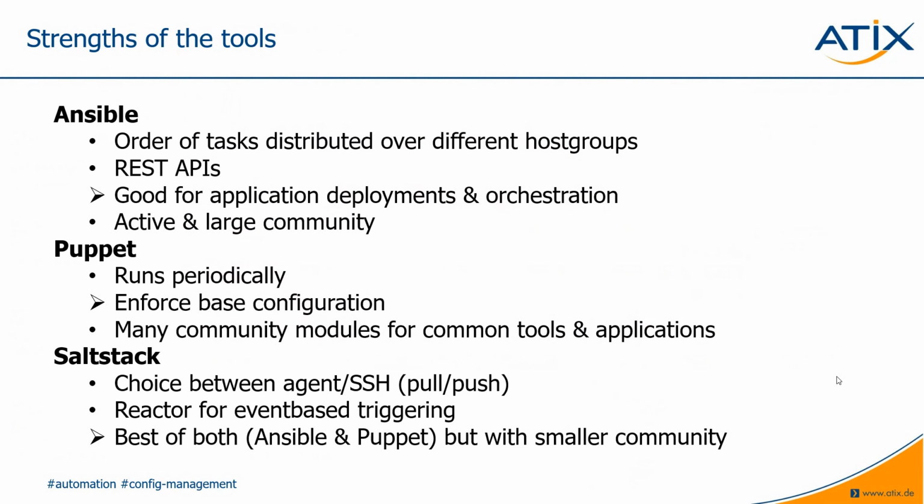And the same as for Ansible is that I have a large community with many modules for the most common tools and applications. So like for Ansible and Puppet, it's easy to get a good starting point, because I only have to install it, get this setup running, and insert my parameters.